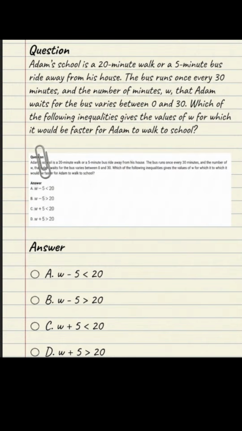So the options are, the first option A is W minus 5 is less than 20. So remember that W here is the number of minutes that Adam waits for the bus. So it can be between 0 and 30 minutes because the bus runs every 30 minutes. The second option is W minus 5 is greater than 20. The third option is W plus 5 is less than 20. And the fourth option is W plus 5 is greater than 20. So try to attempt the question and see if you can solve it.